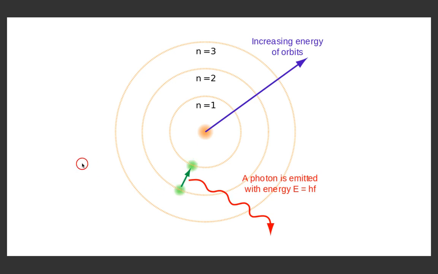So don't take this image too seriously, but to just give you an idea of what the model is saying, it says basically that the electron can only occupy certain orbits. So, for example, it can reside in this first orbit, or it can reside in the second orbit or the third one, but it can't ever be in between. So you're never going to find the electron in between the first and second orbit, for example.